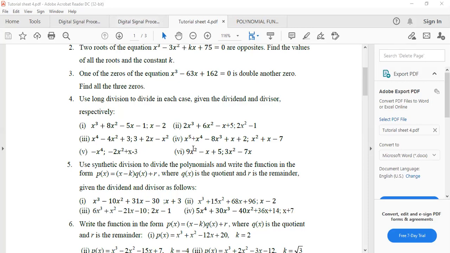Okay. So for this particular example, use dividing polynomials using long division. I'm going to pick out this example 5, where we have negative x to the power 4 being divided by negative 2x squared plus x minus 3.